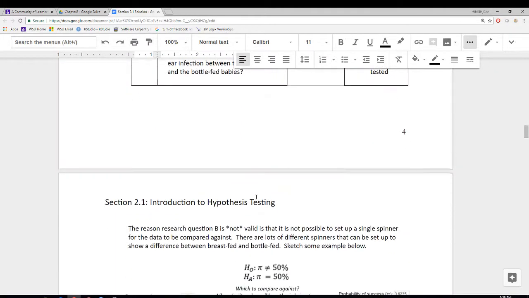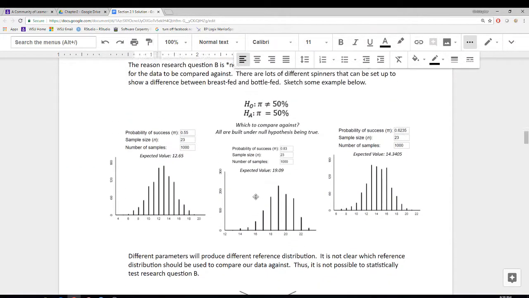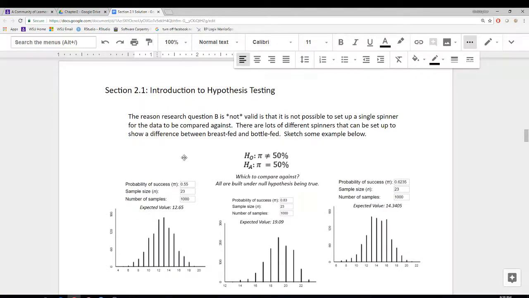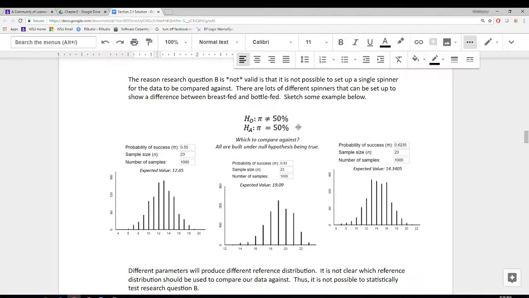Let us consider why. The reason research question B is not a valid research question is simply because we cannot identify what the appropriate reference distribution is.